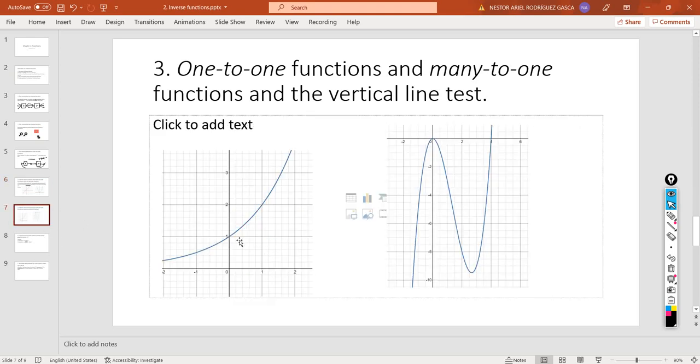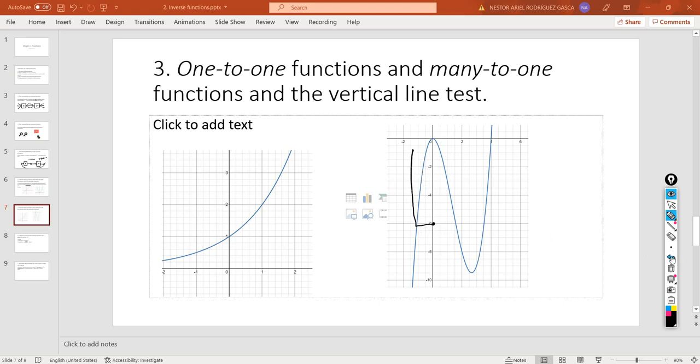For each output in here, you will only find one input. Output, one input. And in here, you may find at least one output. Let's choose this, -6. If you go look for the corresponding inputs for this particular output, you will find many. What does many mean? More than one. Let's do it.